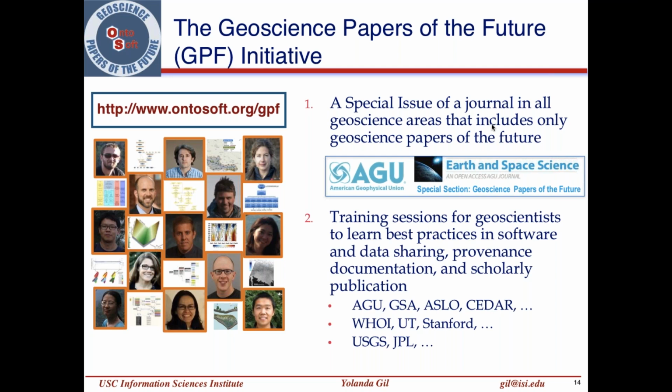One is to have a special issue of a general AGU journal, the Earth and Space Science Journal, where papers written along these lines would be reviewed and published according to these best practices. And then we've been holding training sessions in these best practices at conferences, also at universities and organizations and government sites.